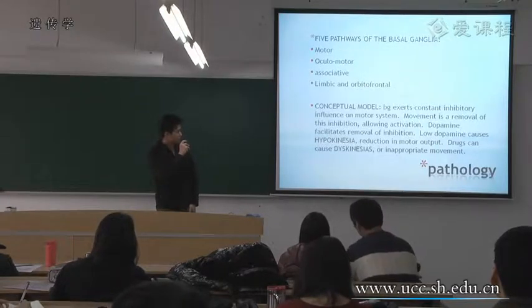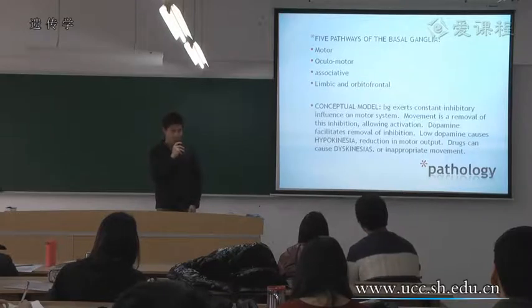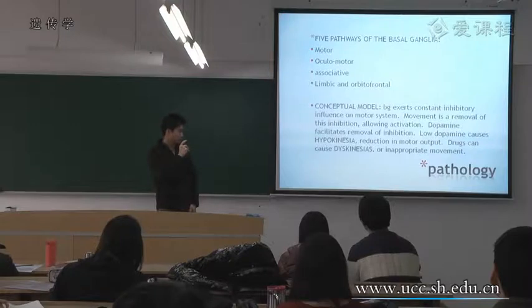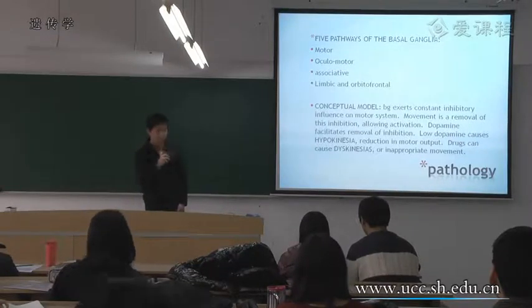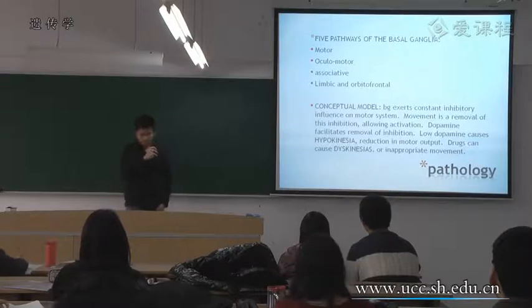So they say that dopamine allows the removal of this inhibition. So when you have low dopamine, which is what happens in Parkinson's, it causes hypokinesia, and that's when you have problems moving.